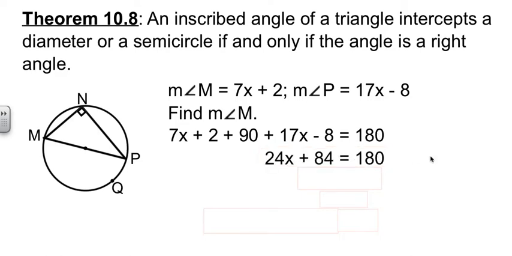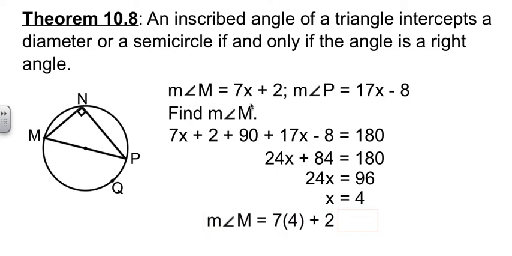Cleaning up the arithmetic, subtract the 84 and do a little division, and now we know what X equals. Okay, knowing that x equals 4, now I can plug it back into angle M. 7 times 4 is 28, plus 2 is 30.